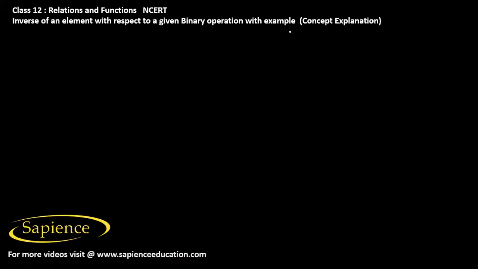So here we shall explain the concept of the inverse of an element with respect to a given binary operation with an example. The inverse of an element is defined as follows.